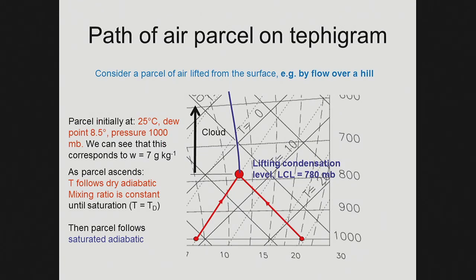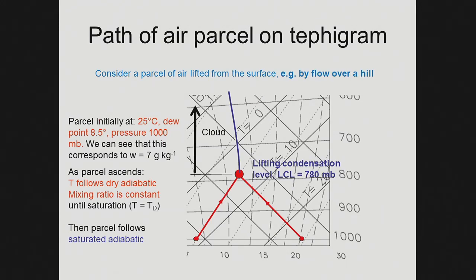It's pretty obvious, this red line would be constant temperature, and clearly it doesn't have constant temperature. But it does have constant mixing ratio. Because if we're assuming that the parcel doesn't mix with its surroundings, the ratio of water vapor molecules to air molecules doesn't change. It can't change. Nothing to change it. So it stays the same.